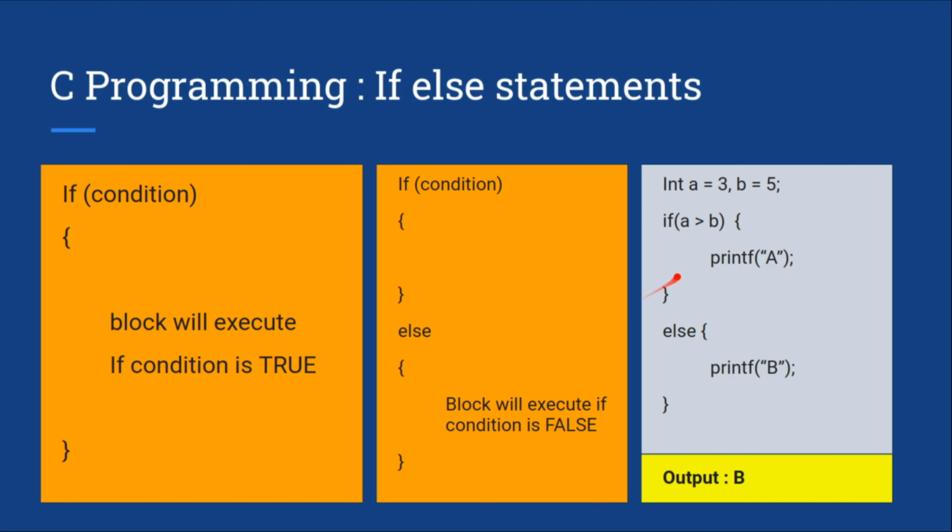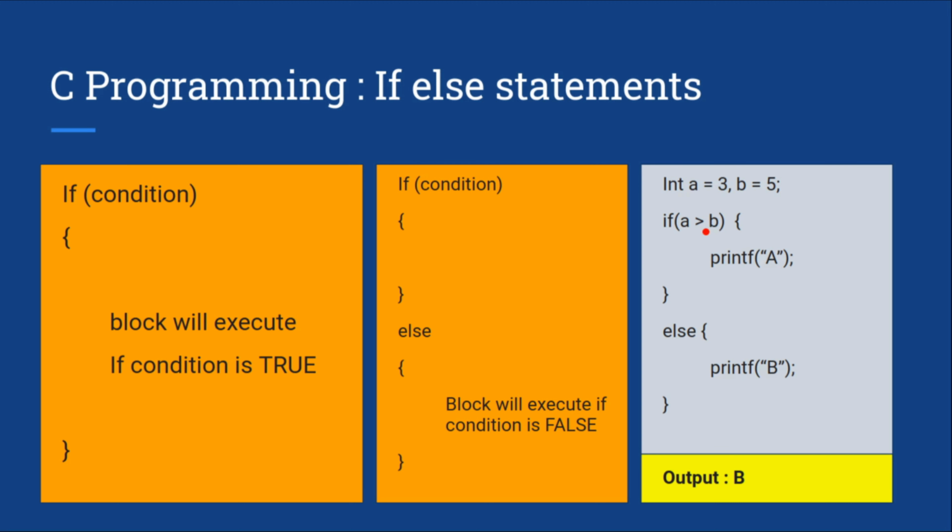For example, we have this example: int a = 3, b = 5. Here we have variables a and b having values 3 and 5. We have a condition: if a is greater than b, then this is the if block. You can see here this is the if block. printf a means we will print a.